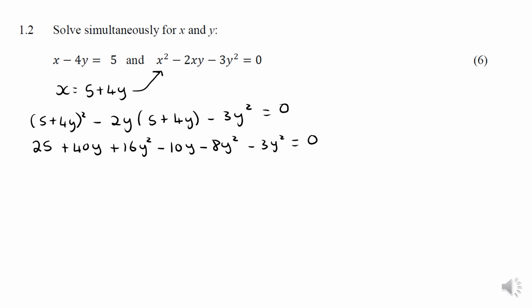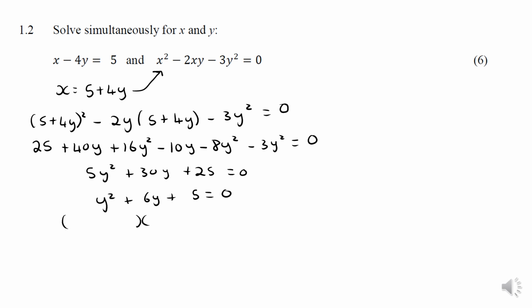If I add up the like terms, I'm going to have 5y squared plus 30y plus 25 equals 0. I can take out a common factor of 5, so I can have y squared plus 6y plus 5 equals 0.